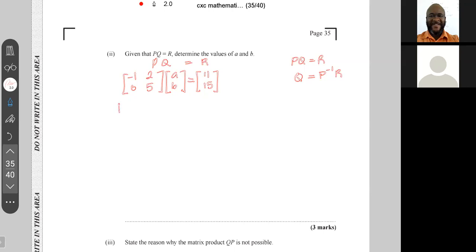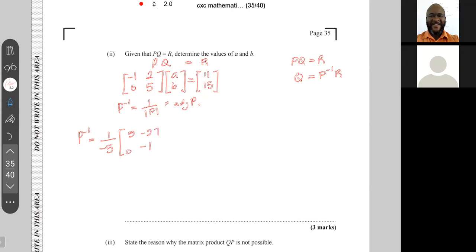Now P inverse is equal to 1 over the determinant of P times adjoint P. Now the determinant of P we already know, so P inverse is 1 over -5 adjoint P. We're going to switch these around: 5, minus 1. These two stay where they are, but their signs change to -2, 0.